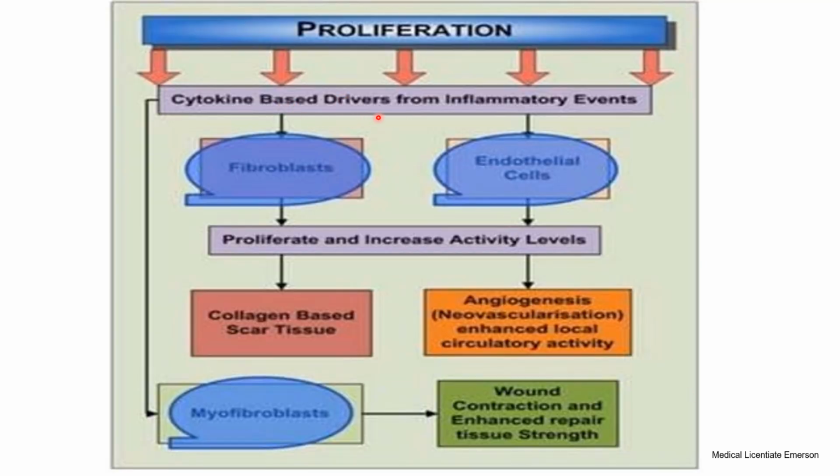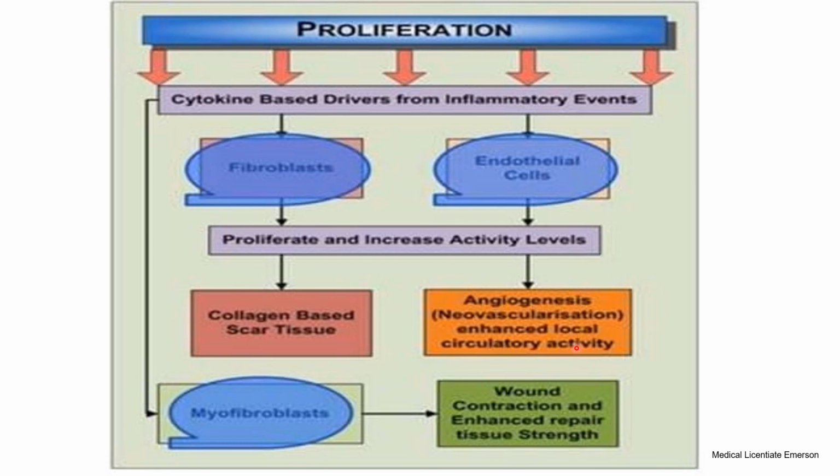So we have cytokine-based drivers from the inflammatory events, which can lead to fibroblasts and endothelial cells proliferating and increasing activity levels. Fibroblasts, of course, are going to cause collagen-based scar tissue. Then endothelial cells drive angiogenesis, or vascularization, enhancing local circulatory activity as well.